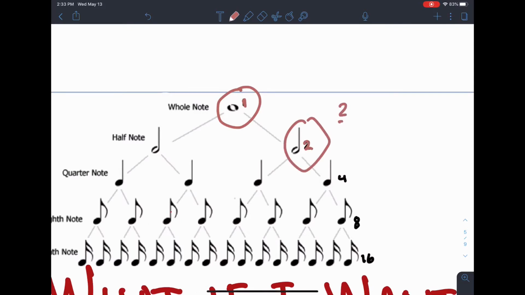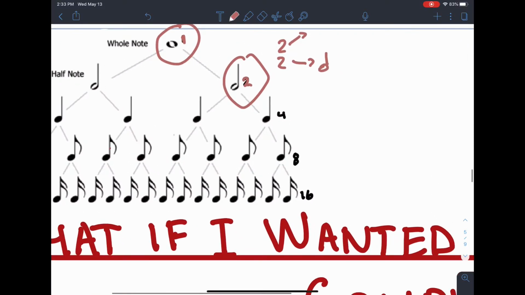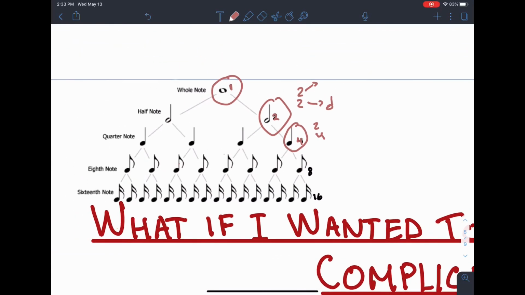So if we had 2/2, that means there are 2 beats in a bar, and each half note is worth 1 beat. Similarly, if we ever see the number 4 on the bottom, for example in 2/4, that means there are 2 beats in a bar, and the quarter note gets the beat, and so on and so forth. Now, if you have questions about what getting the beat means, don't worry.